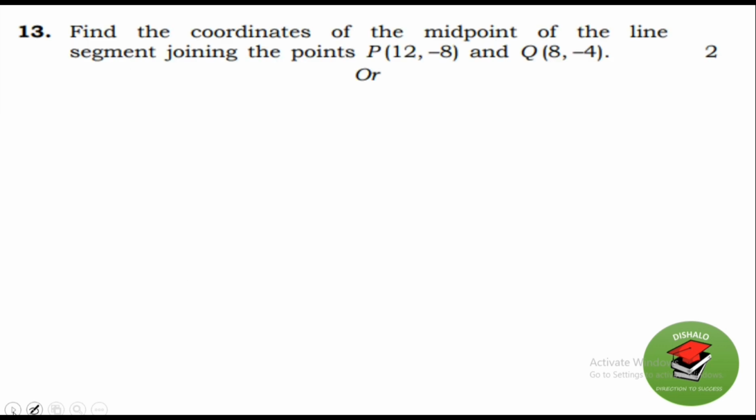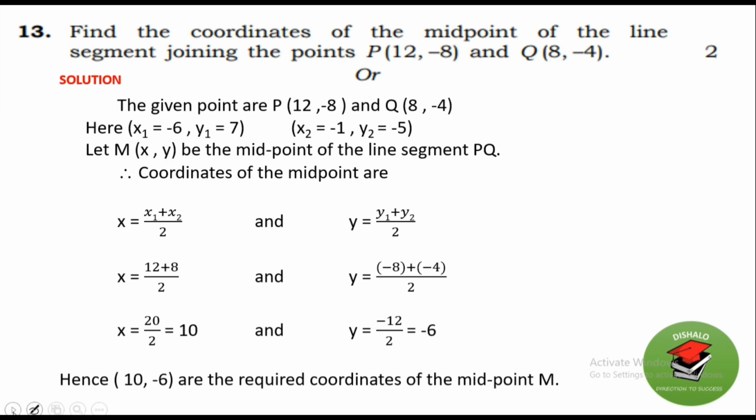Find the coordinates of the midpoint of the line segment joining the points. Okay, so the points are given. So the given points are P, 12, -8 and Q. So you have to find the midpoint. So if this is the line, this is P, this is Q. Again, the coordinates of P will be x1, y1.